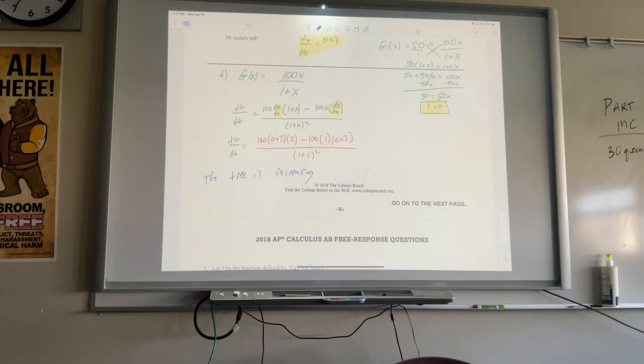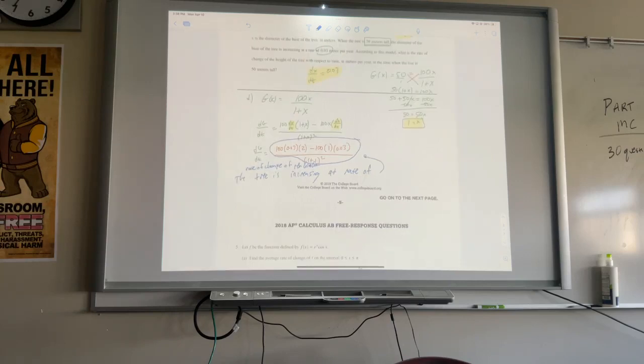The rate of change of the height of the tree.